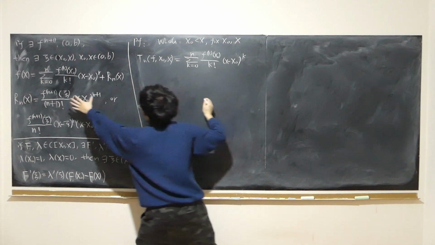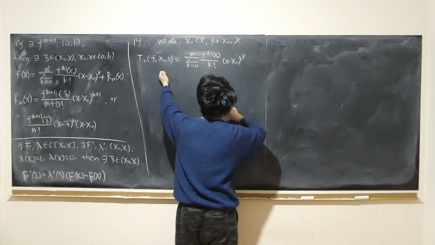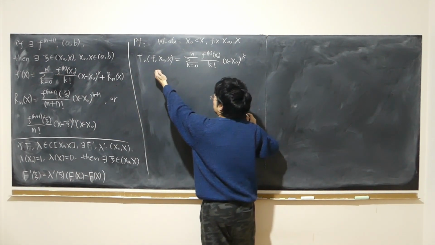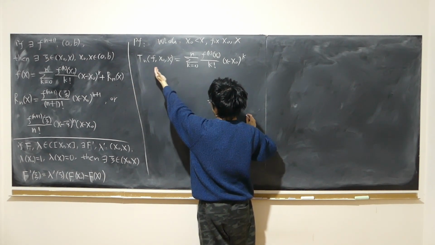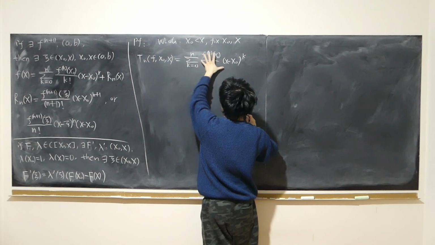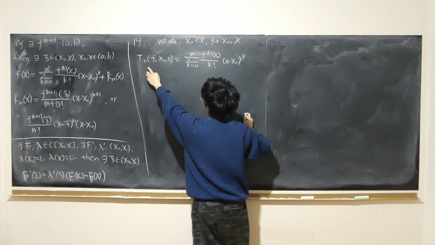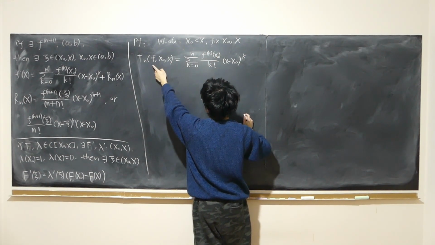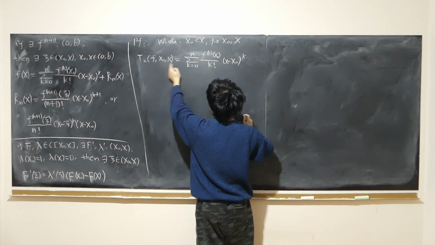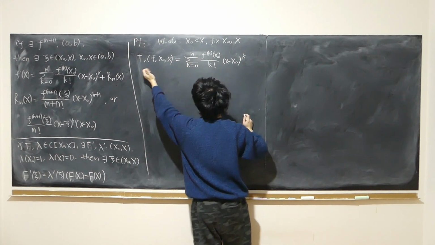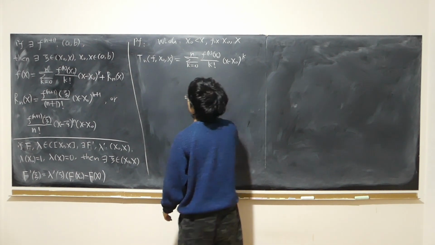This is called the Taylor polynomial of degree n, because it has something to do with the leading degree n, and also with the function f and the points x naught and x. That's why we denote it in this way.